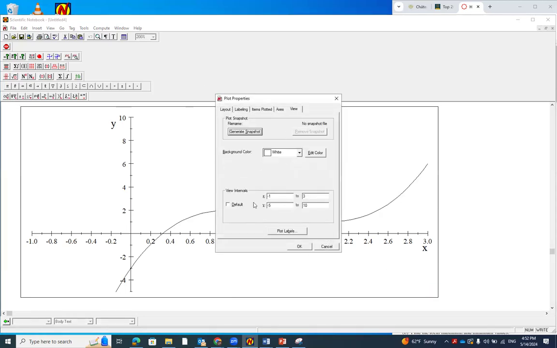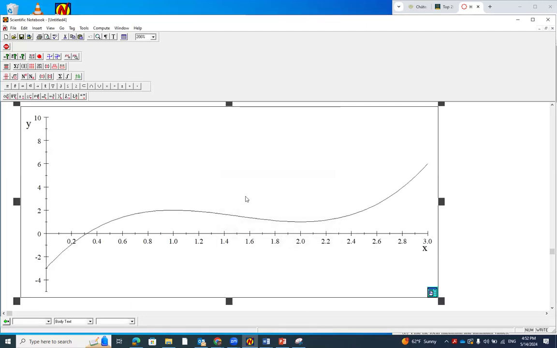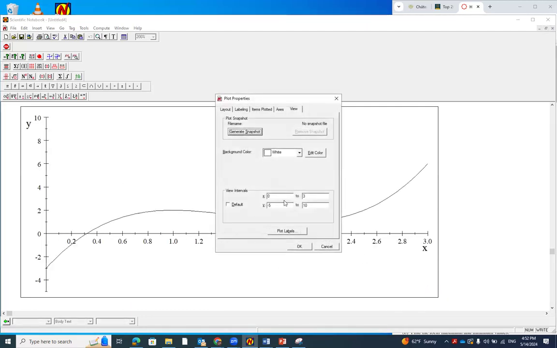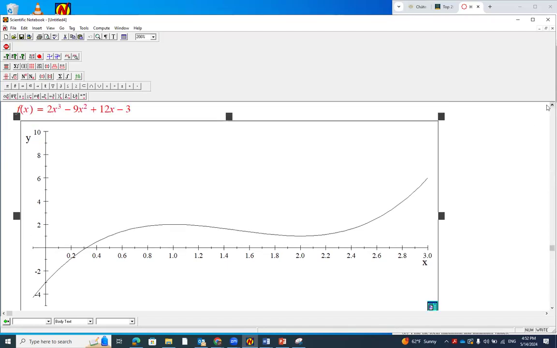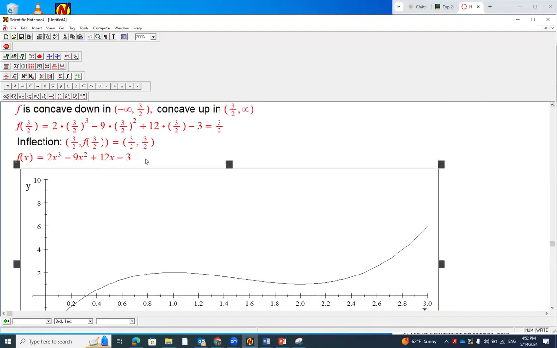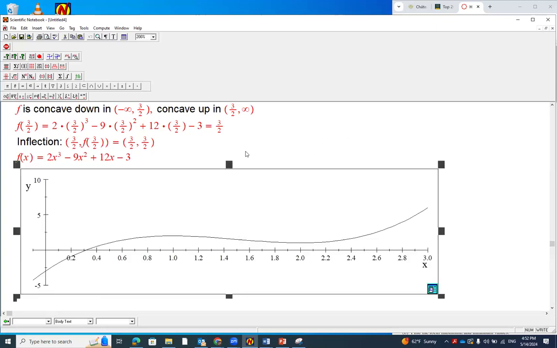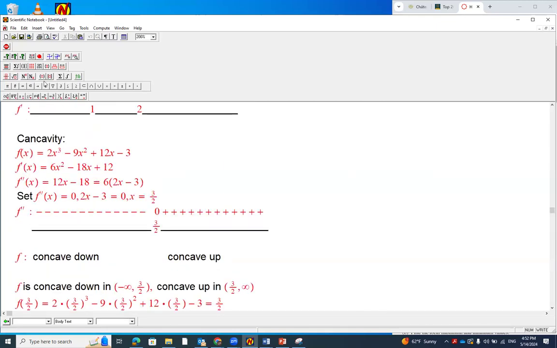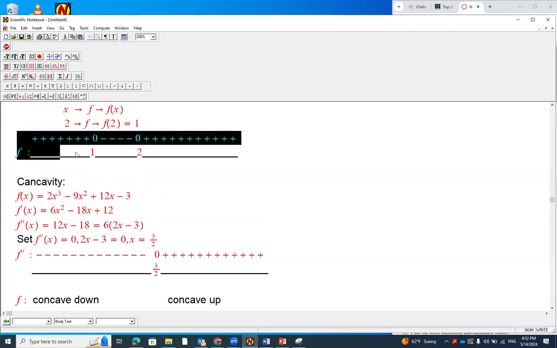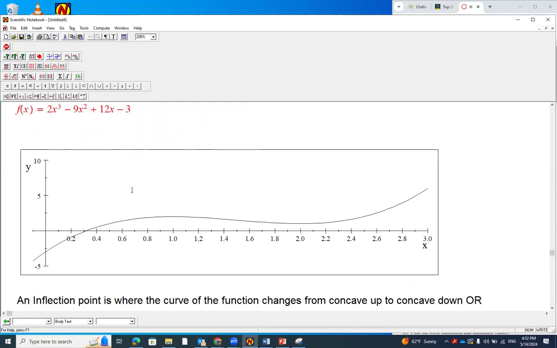To illustrate what we have done, this is the f function. I'm going to bring you f prime.